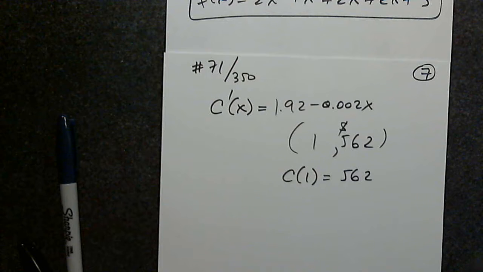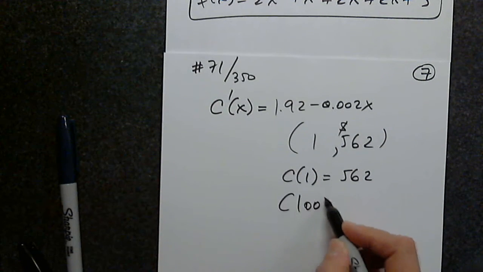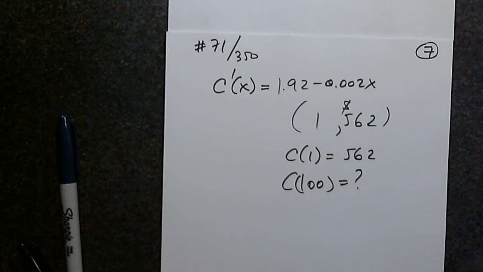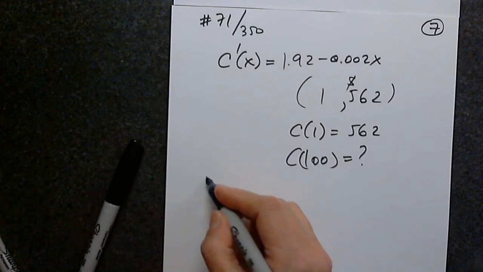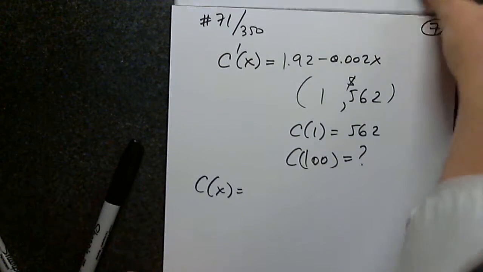It says, find the cost of producing 100 items. So we're asked to find this. But I don't have the function yet. So what do you recommend we do? Yes, so let's find the cost first.